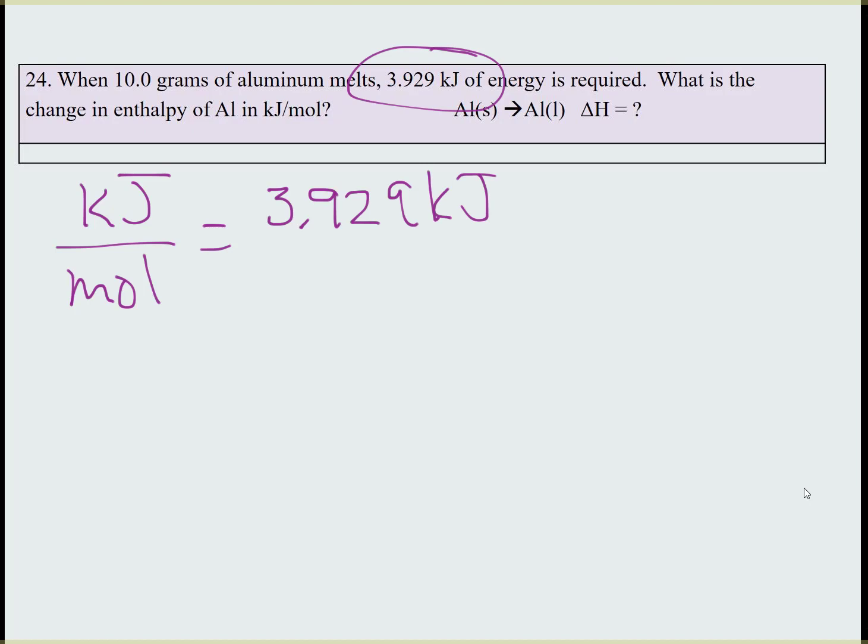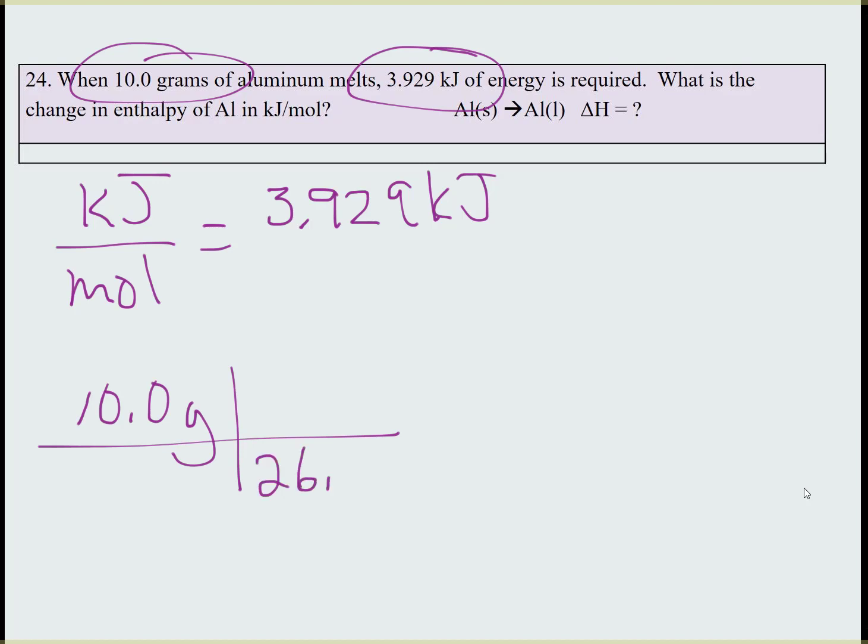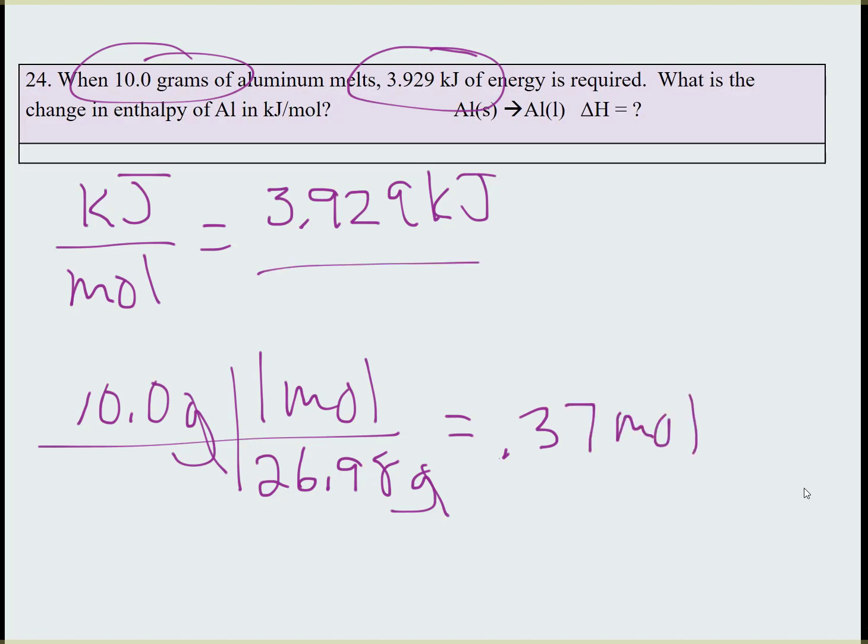And I just need to find my moles. I have 10 grams. So just kind of like I did in that last problem, I need to find out how many moles this is. So looking on the periodic table, 26.98 grams is equal to 1 mole. Grams cancels, and the amount of moles I get is 0.37 moles. So I'm just going to put this in my formula, 0.37 moles. And then I just divide it out, and I get 10.6 kilojoules per mole.